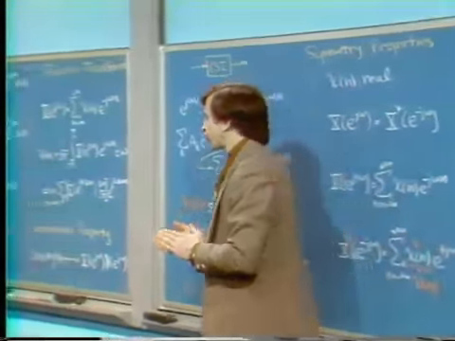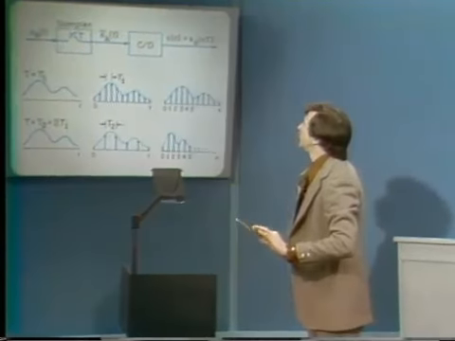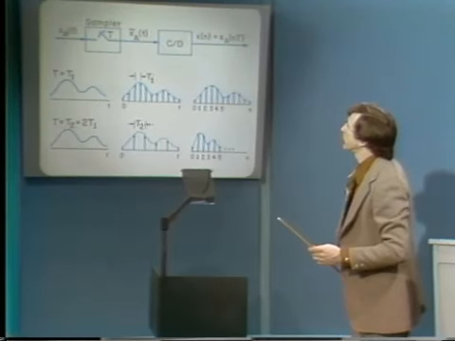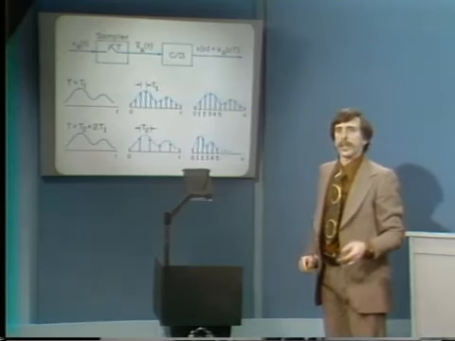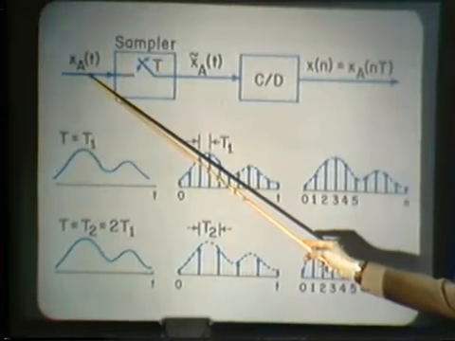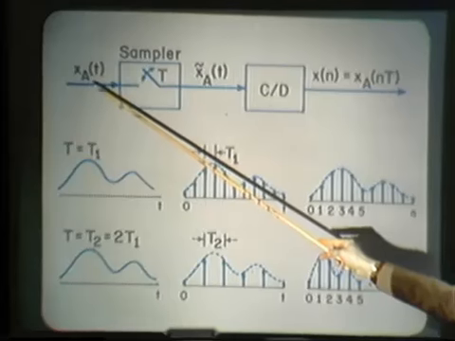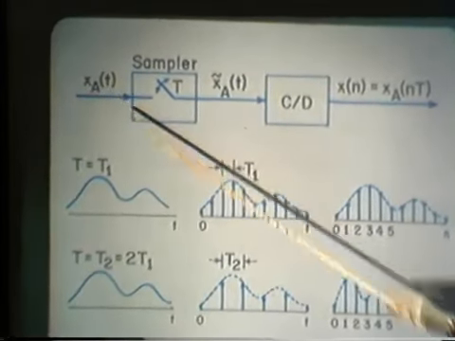So let's take a look at the relationship between some continuous time and discrete time Fourier transforms when we obtain the discrete time signal by sampling a continuous time signal. Well, we begin, of course, with a continuous time function, which I denote by x sub a of t, a sort of meaning analog.